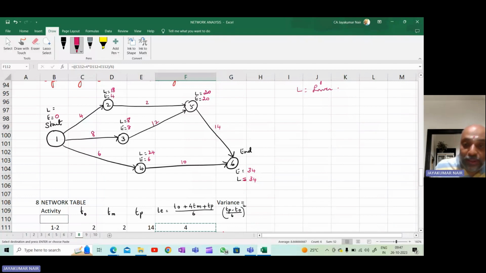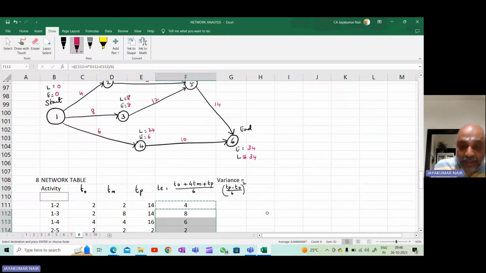For the L value, it should be the lowest, so the lowest is 0. So I've computed the L values, and the E values also I have computed.